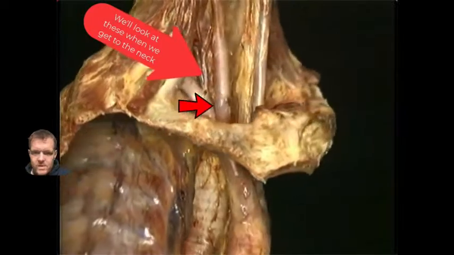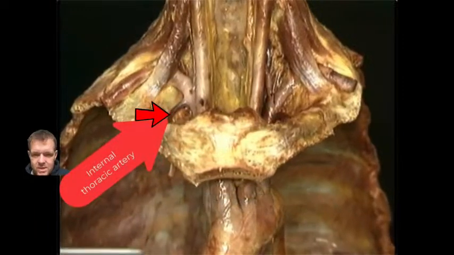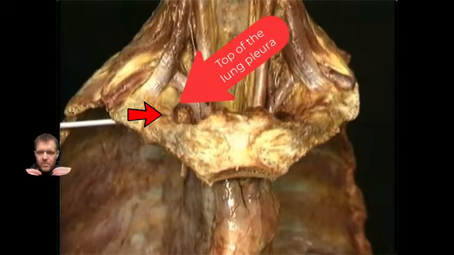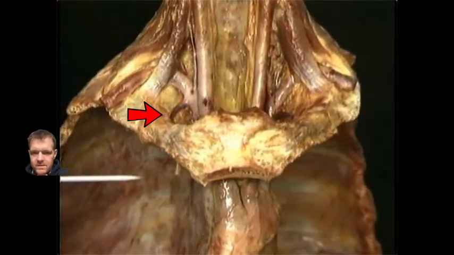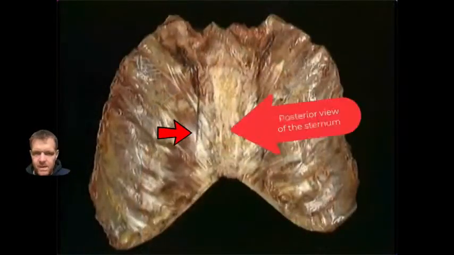So we've got vertebral arteries going off as well. We'll talk about those when we get to the head and the neck. This internal thoracic one comes out here, just there, and that will supply the front part of your rib cage. There it is, just there. You can see that branch immediately coming off there on that subclavian.